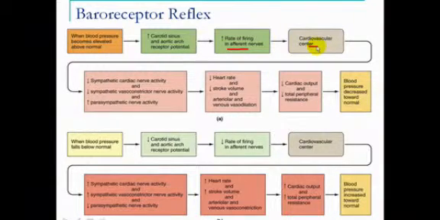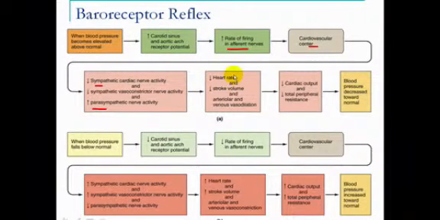So the cardiovascular center is getting an increase in action potentials from the baroreceptors, so it knows, okay, my blood pressure is too high. And so it initiates a response by decreasing sympathetic activity and increasing parasympathetic activity.